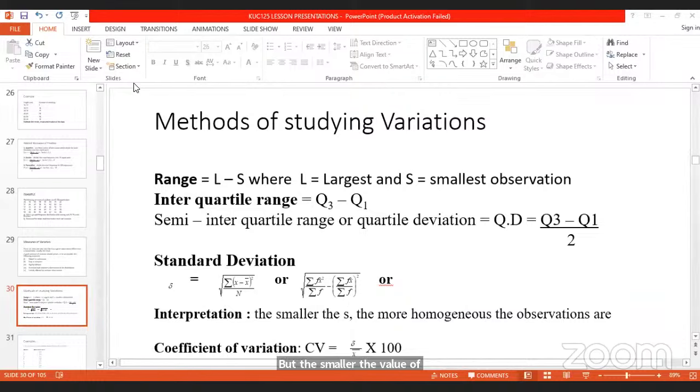Let us look at some examples so that we could see that we are able to compute this. Let us see, before we come back now, to conclude.